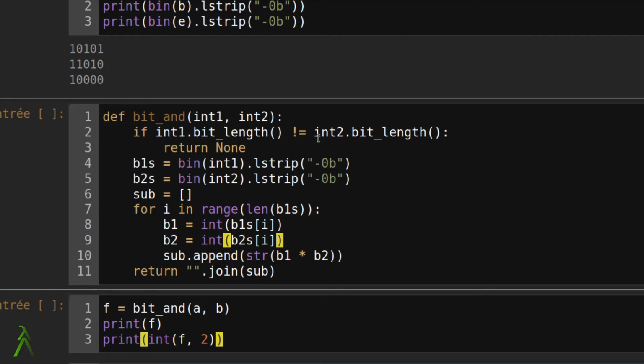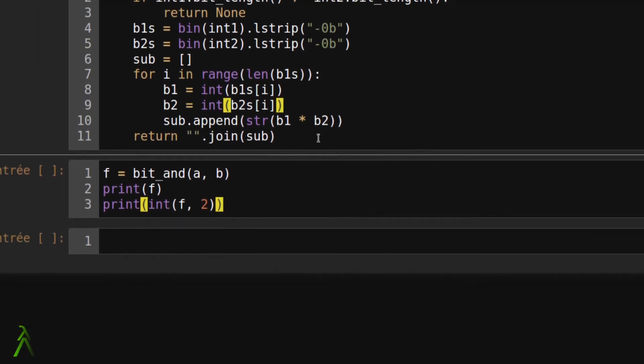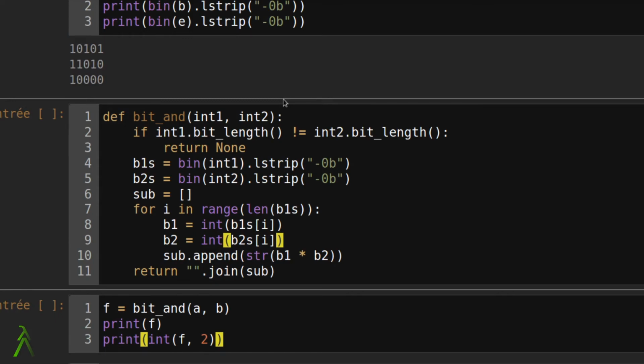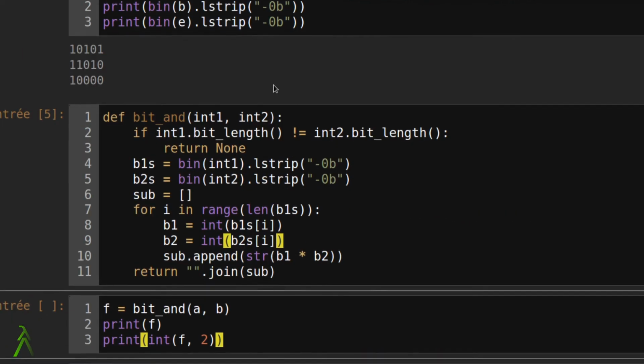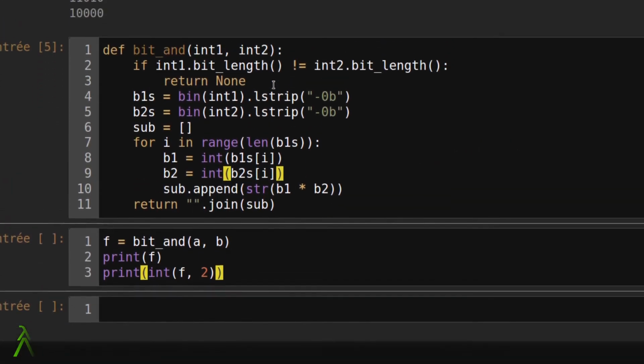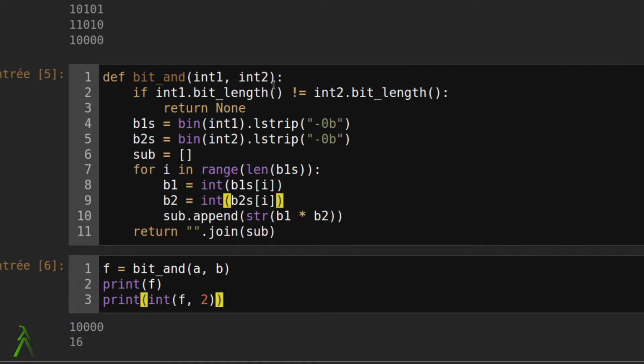As you can see, our function reproduces the behavior of the bitwise AND for integers who have the same bit length. Let's see that right away. So I'm running cells here. I define my function, and we obtain again 16 as a result of our function.